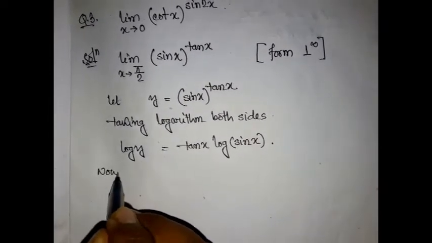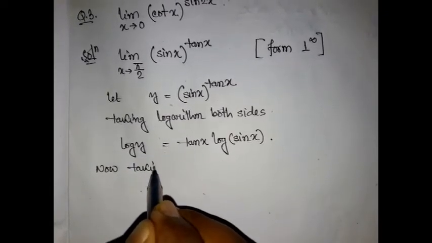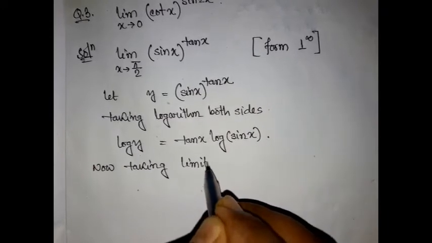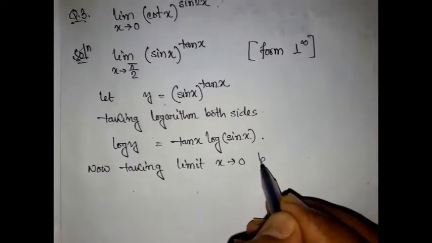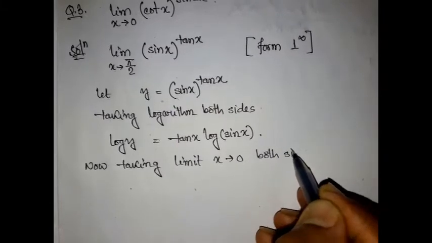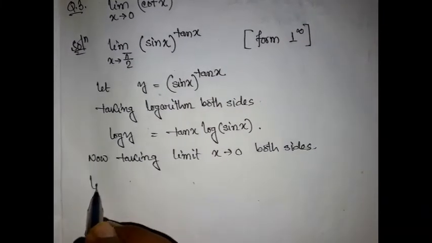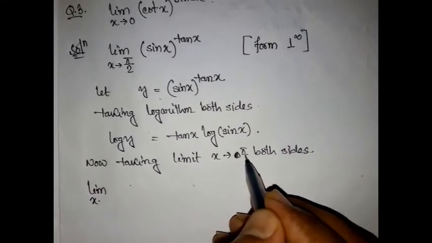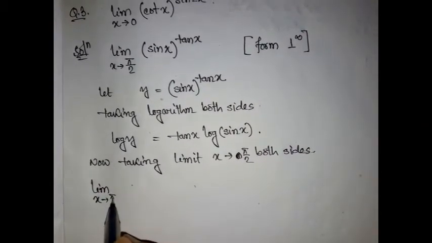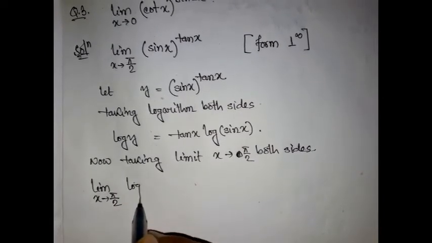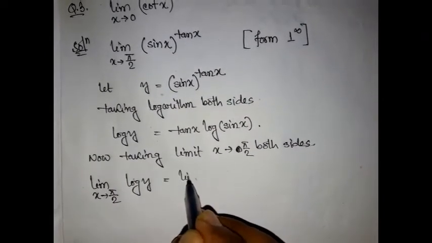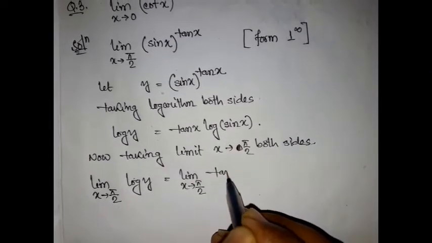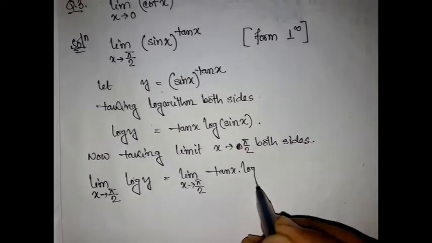Now taking limit x tends to pi by 2 both sides, left hand side limit x tends to pi by 2 of log of y equals to limit x tends to pi by 2 of tan x into log of sin x.